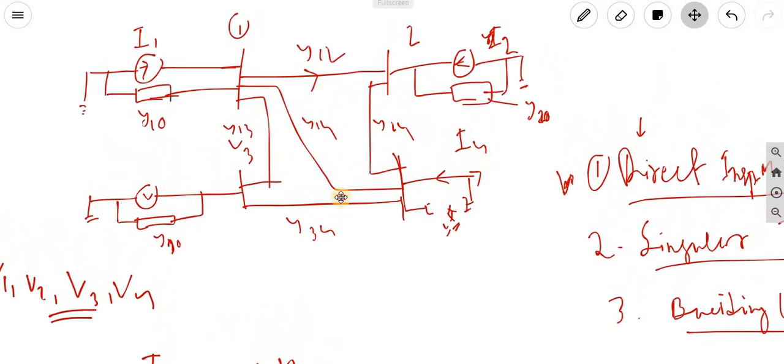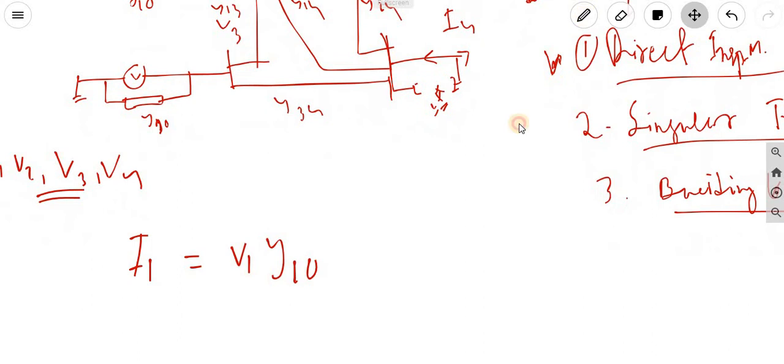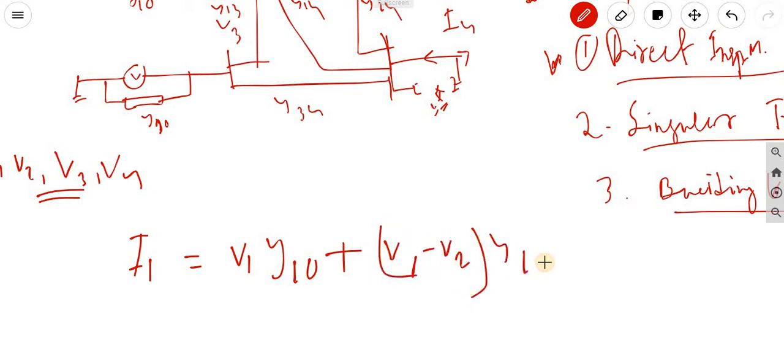Okay, and for 1 to 2, Y12. I am just applying KCL at bus 1.